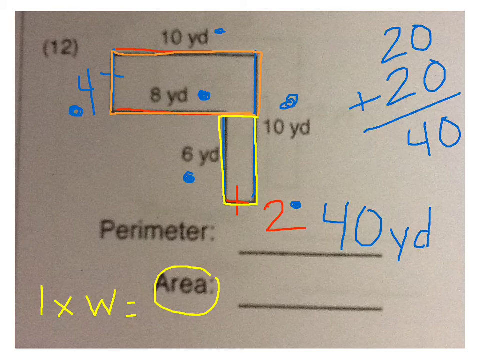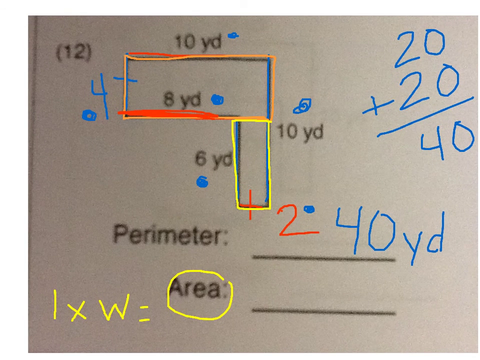Up here, I'm going to look at the orange square first, and I see that I have 3 numbers at the orange square. I have this 10, I have an 8, and I have a 4. Well, I have to know the whole part of the length and the whole part of the width. So here, this 8 yards only really is indicating this part, this small section, but we want the whole section.